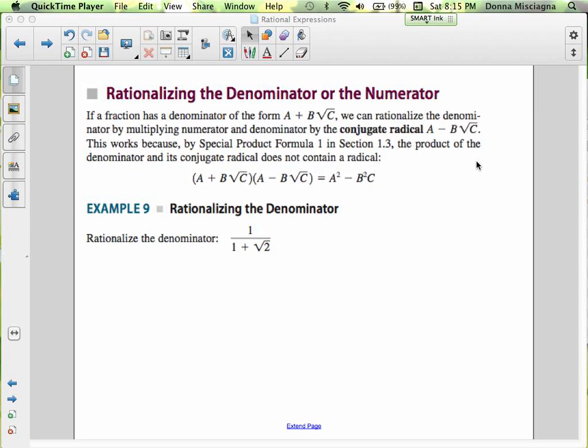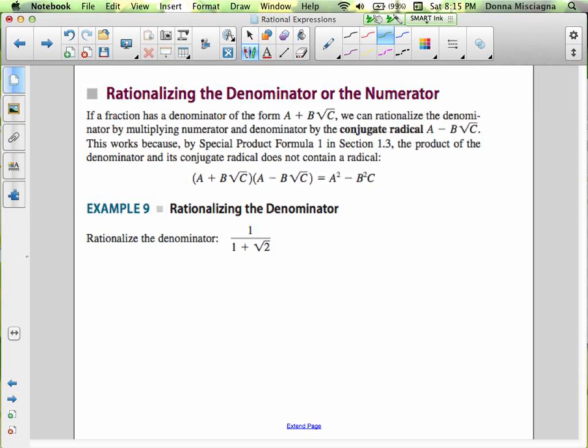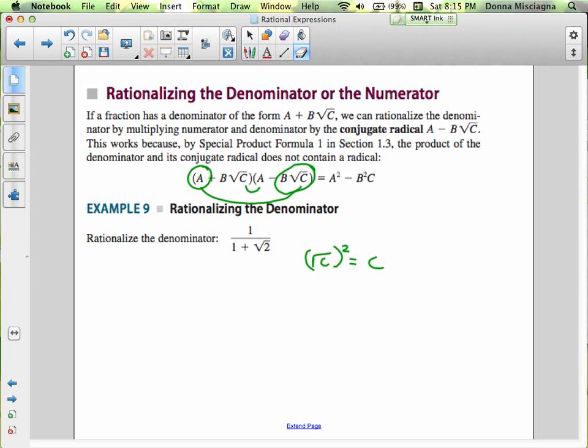These middle products would drop out, leaving just the first term squared and the second term squared. And of course, if you square a square root, the square and square root cancel. It's just what's inside. All right, so now let's take a look at this one.